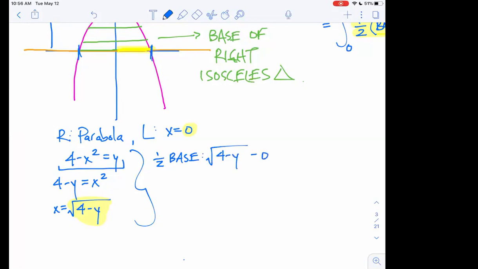And you don't have to write that minus 0. But that means the whole base is going to be 2 times the square root of 4 minus y. Right? If half the base is the square root of 4 minus y, then the whole base is 2 times the square root of 4 minus y. So what I have here now, that is this whole part.